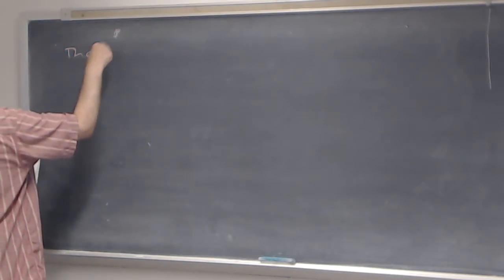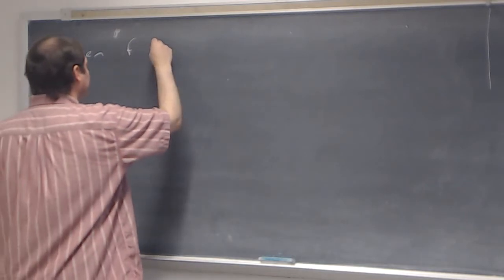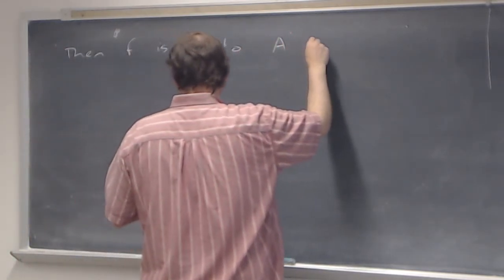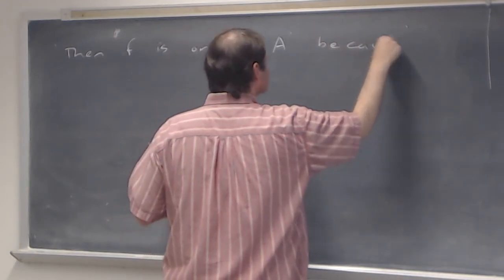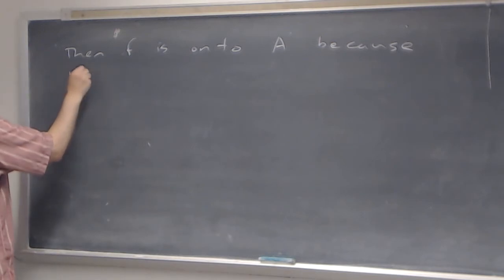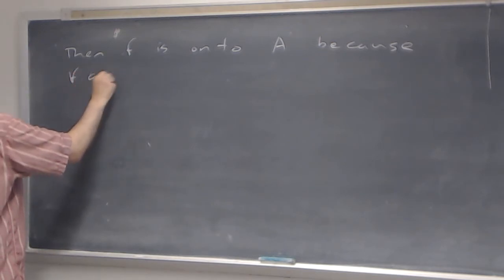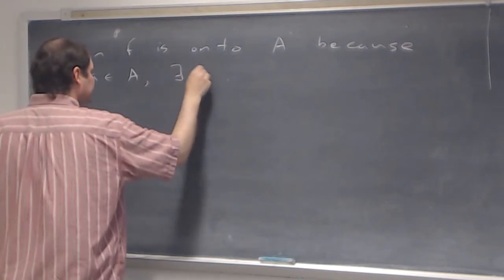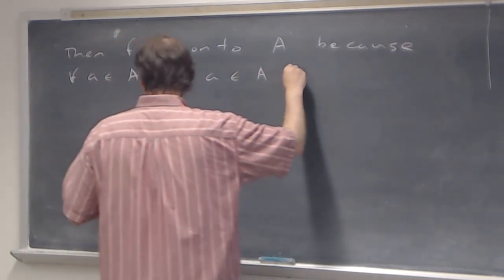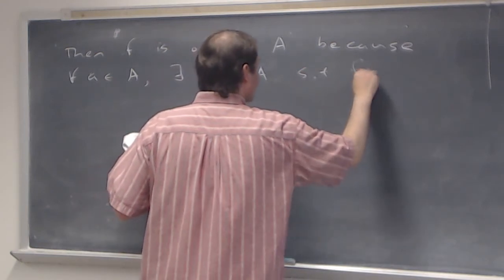Then f is onto A because for every a in A, there exists an a in A such that f of a equals a.